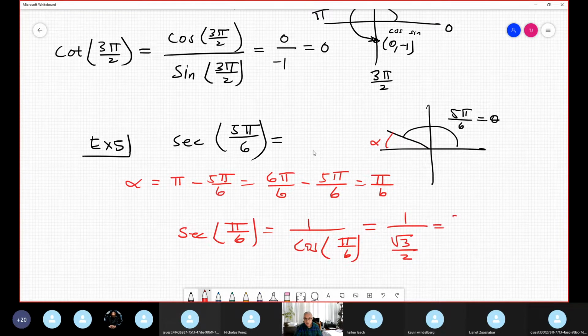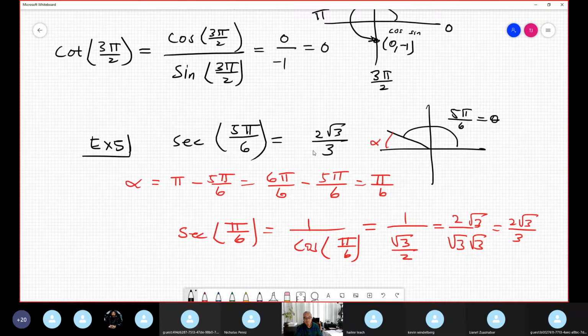I did this several times. 2 over radical 3, rationalize, is 2 radical 3 over 3. And the answer is, okay, super, 2 radical 3 over 3. And what sign? Is it negative or positive? Positive.